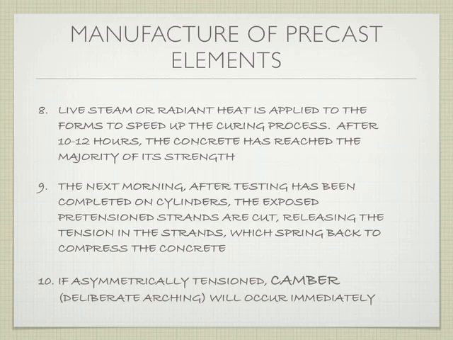If it's meant to be perfectly flat and the tendons are all right in the middle, then it won't camber at all, but the whole beam will go into compression. If, like the beam we saw, all the tendons were in the bottom, as soon as that's released, the bottom will go into more compression, and that'll develop an artificial arch to that particular beam. So it's an immediate sort of thing.